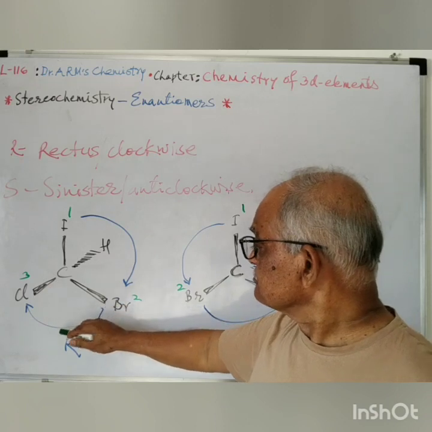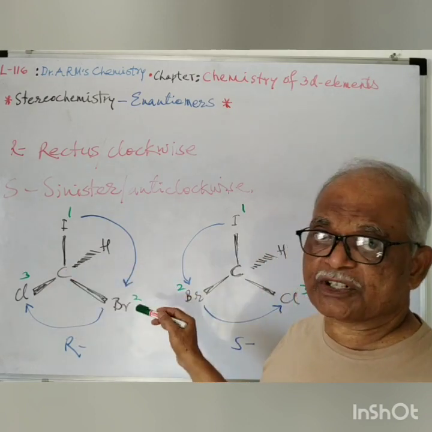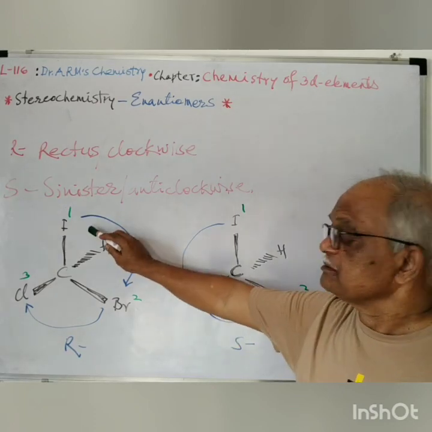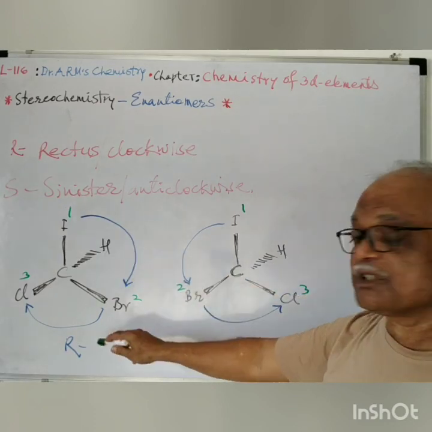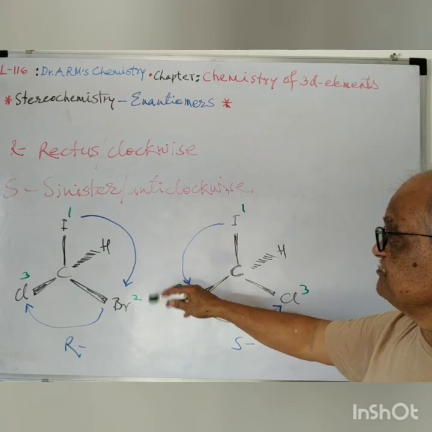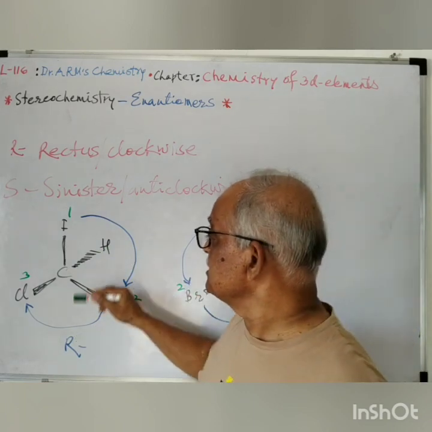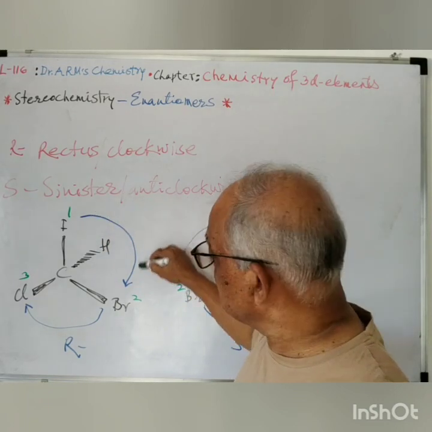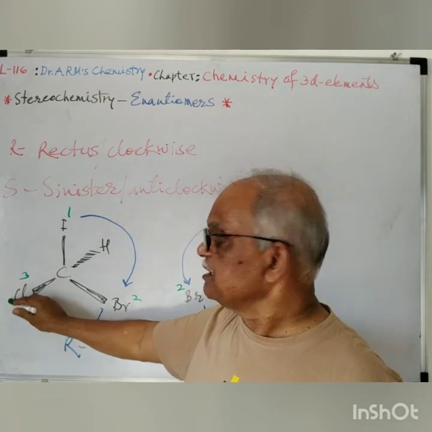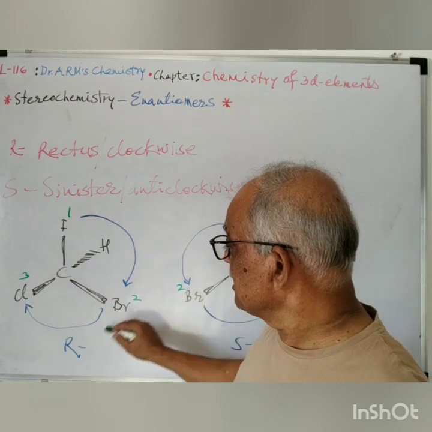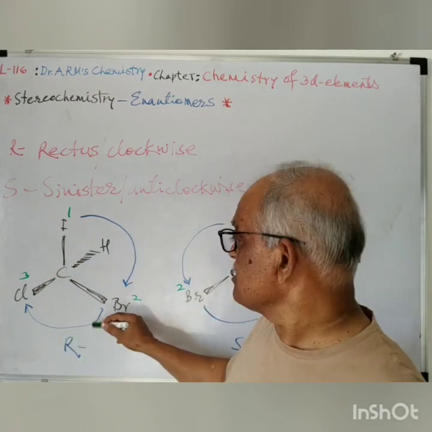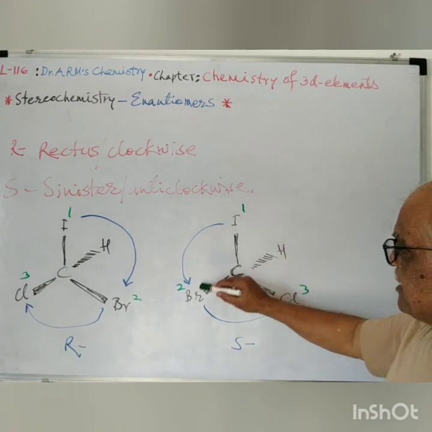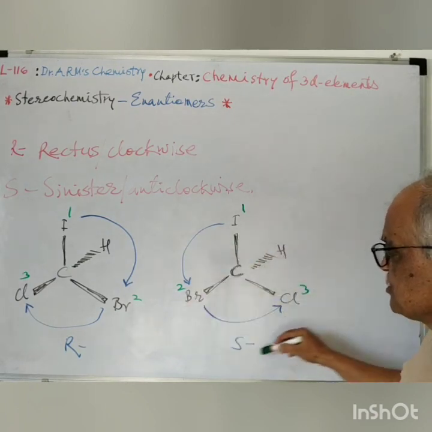Then, these are tetrahedral structures. So here the priority order shows in clockwise direction. When we are moving from highest priority to lowest, the direction becomes R, rectus or clockwise. In this case, the priority is 1, iodine, bromine, Cl in this direction.